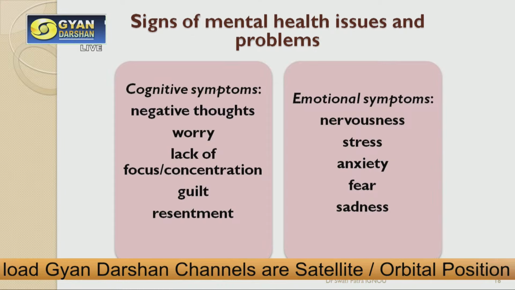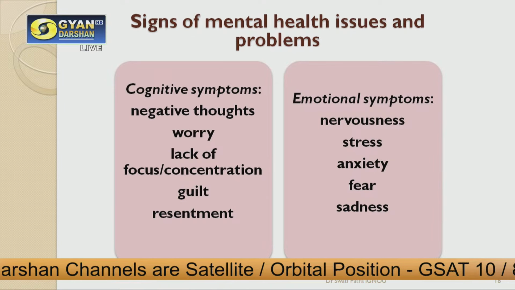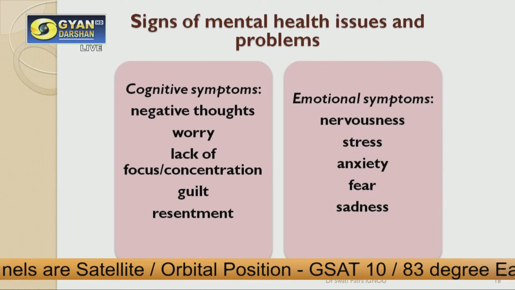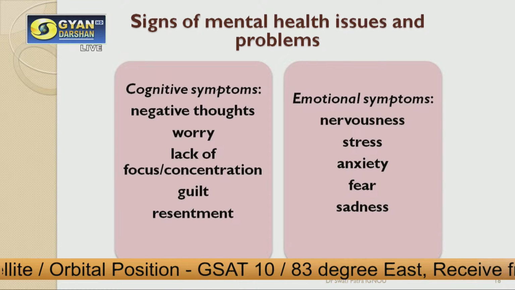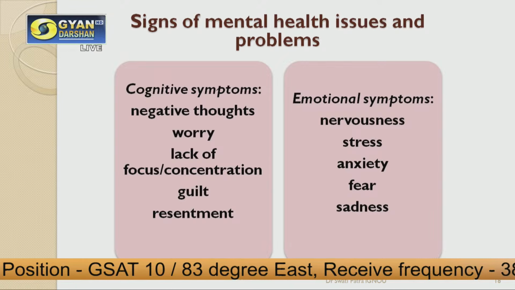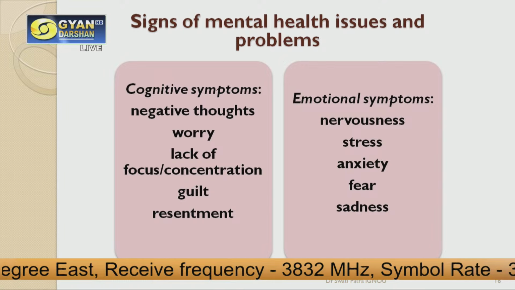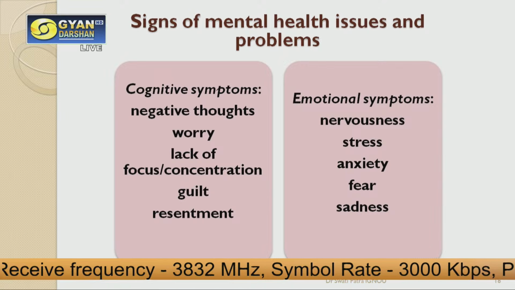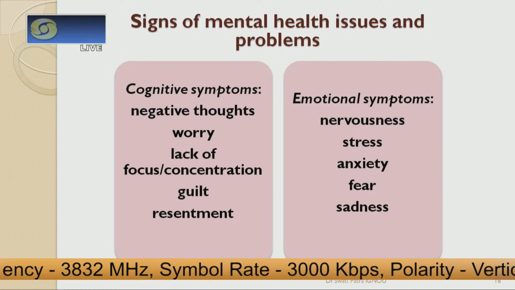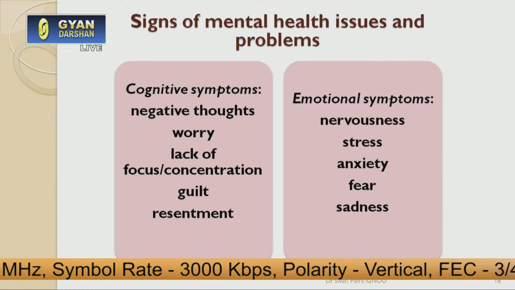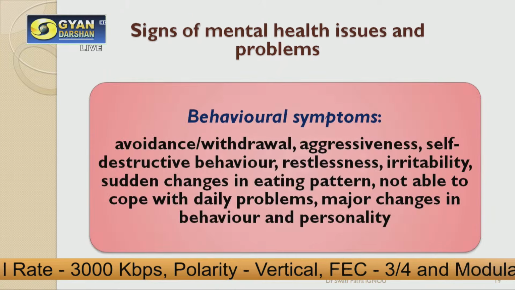Then there are cognitive symptoms, like the person might be having negative thoughts or lack of focus or concentration, a feeling of guilt or resentment. Similarly, emotionally, the person might be feeling anxiety, fear or sadness or nervousness. So these are related to the cognitive and emotional symptoms.